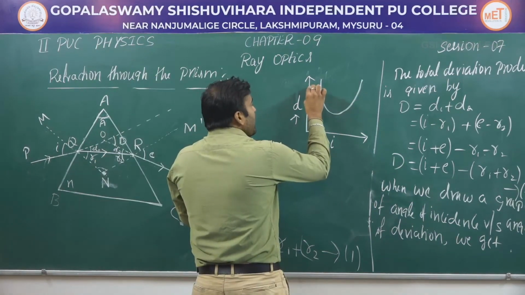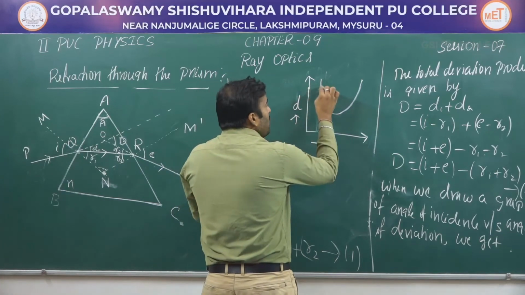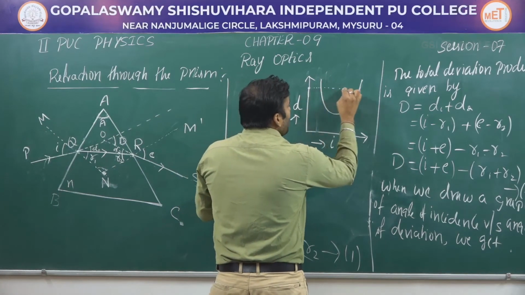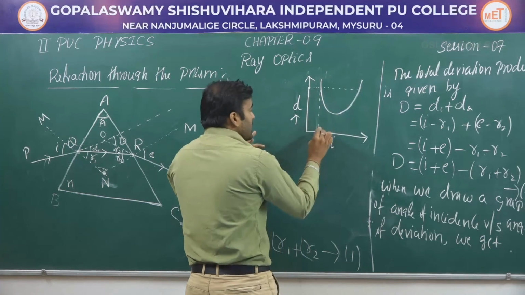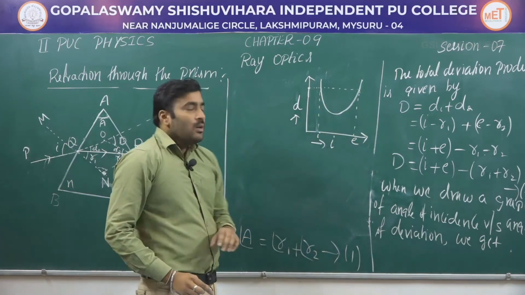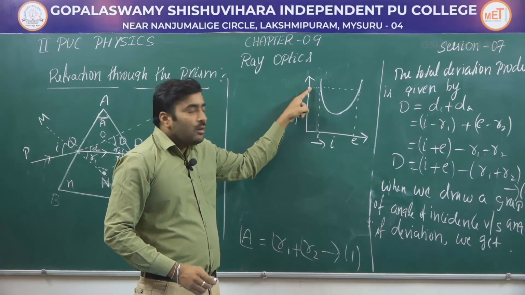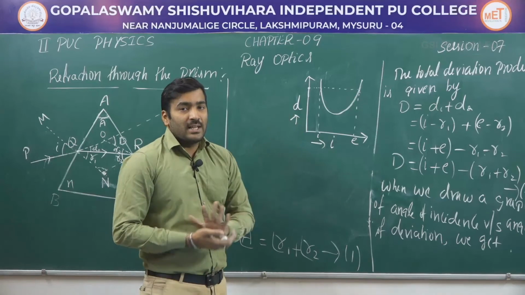So if you consider any value of deviation, for this value of deviation, we get two values of angle of incidence, correct? This is I, and somewhere here we have E. So for any value of deviation, we get two values for angle of incidence.